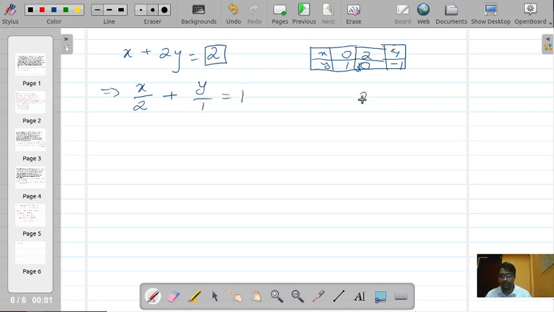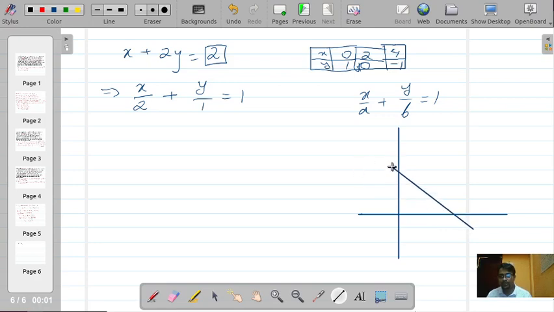Whenever you have an equation of this type, x by a plus y by b equal to 1, it means this is a straight line which passes through the point a,0 and 0,b. So something like this.